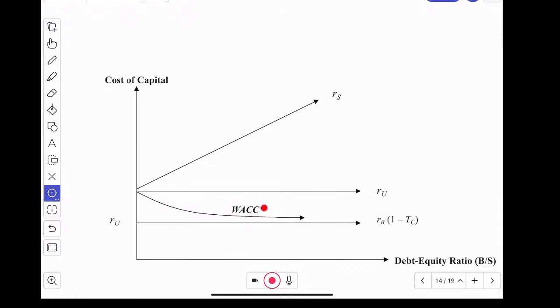The average investor in the firm becomes a bondholder, so WACC approaches the rate of return to bondholders. RS just goes up, RU is flat. This is with the debt to equity ratio on that axis and cost of capital on that axis.